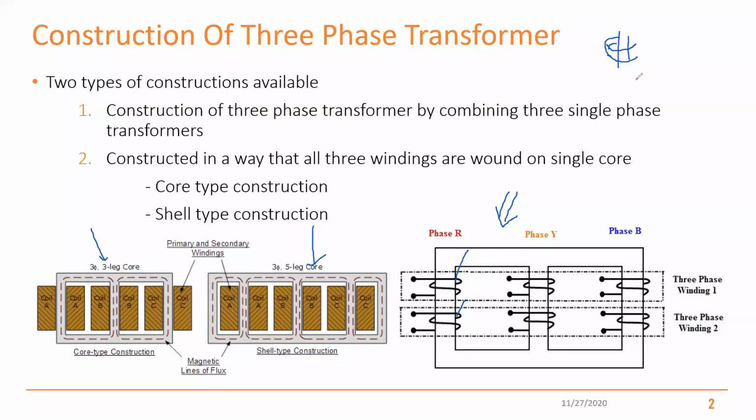If you consider the shell type transformer, on a single limb we can have several pancake type windings, or cylindrical pancake type windings, with several steps, several layers of winding.